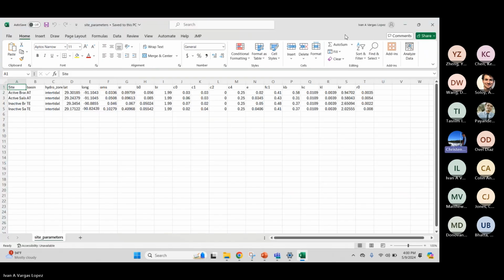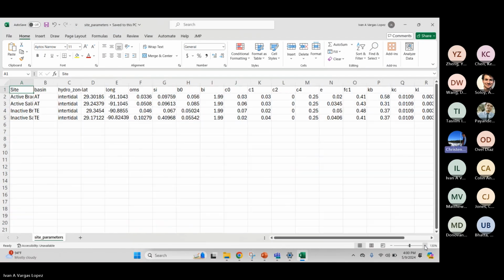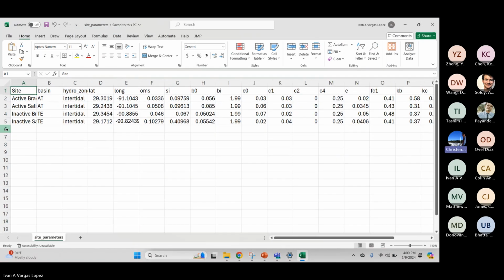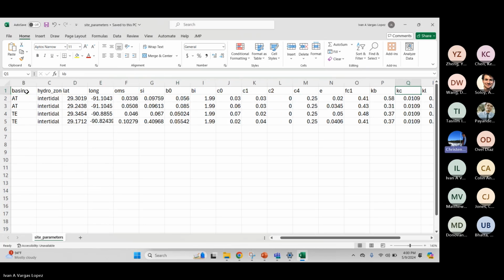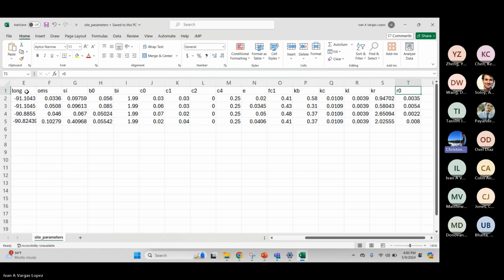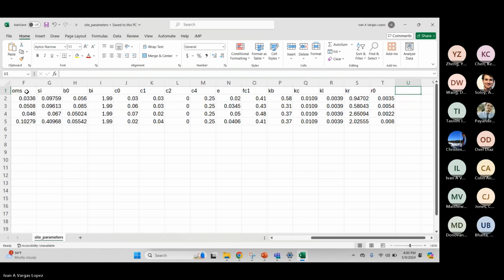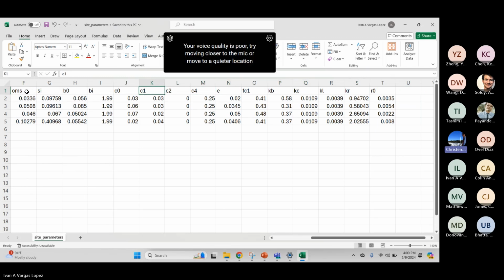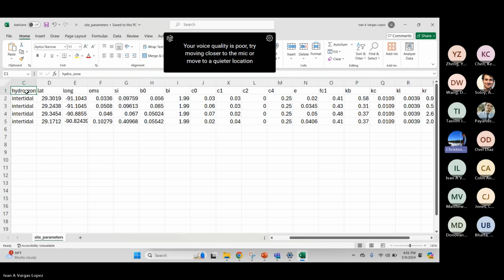The file looks like this. At the end of Robert's presentation, he showed this table. These are the actual values that are used for the model, and there is a table in the slides so you can read about each parameter.